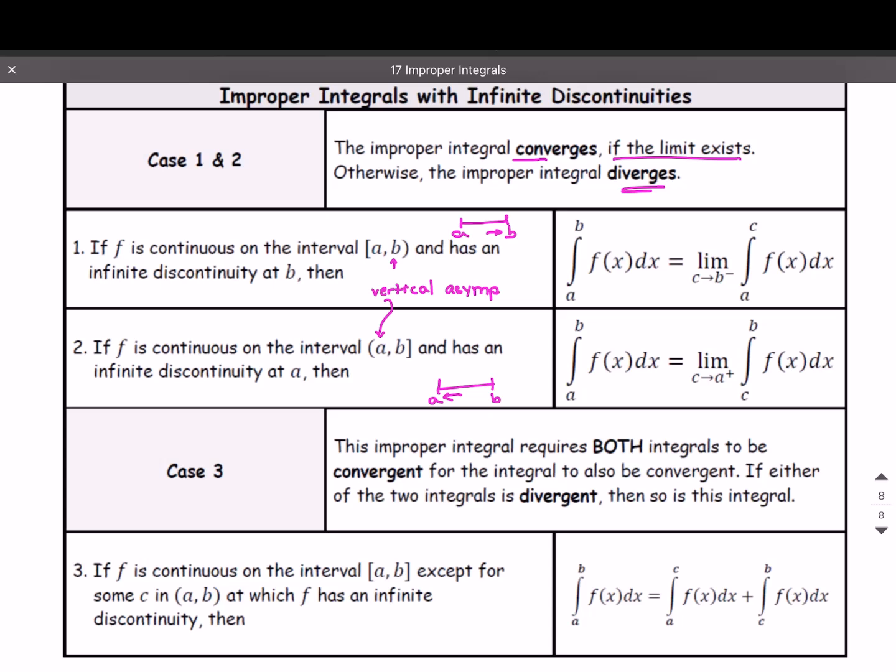Say we're on the closed interval from 1 to 10, and maybe the infinite discontinuity is at 2. Then we break the integral up into two integrals so that now our infinite discontinuity is at an upper limit and a lower limit, and then we go back to those first two cases.